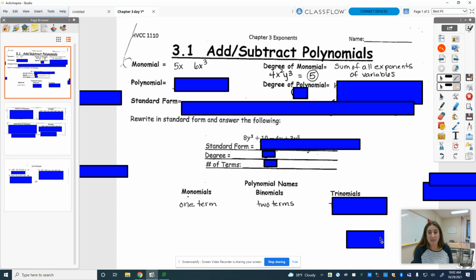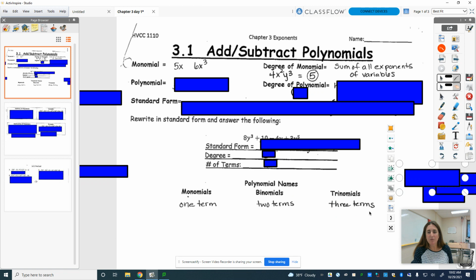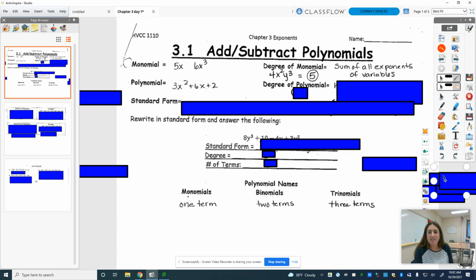A binomial has two terms, and a trinomial is going to have 3 terms. But what if it has more than 3 terms or gets just crazy? As long as it has more than one term, we call those things polynomials. So binomials and trinomials are specific polynomials.